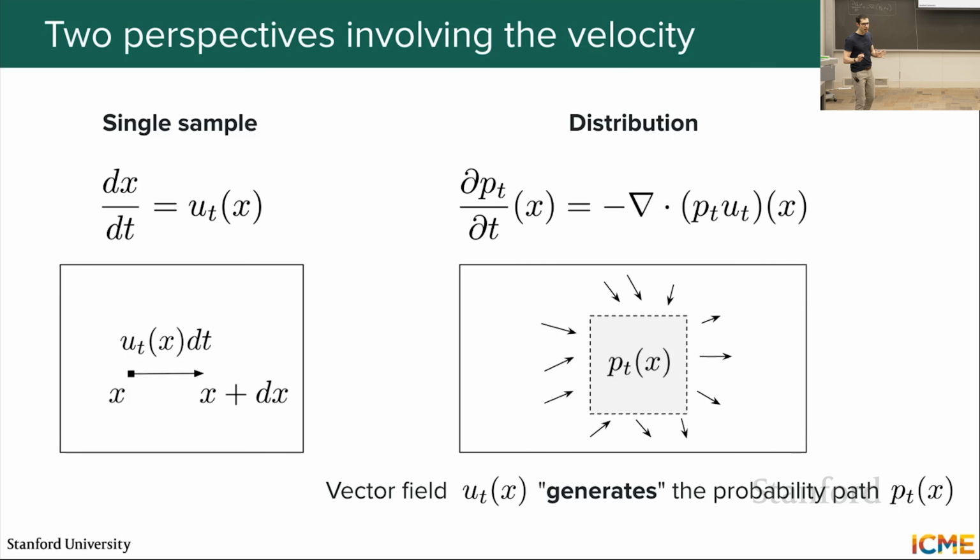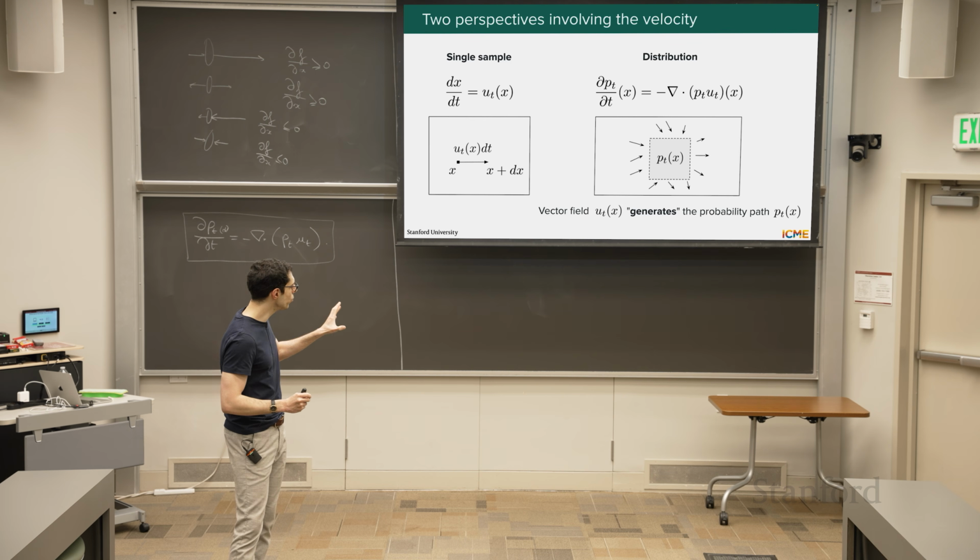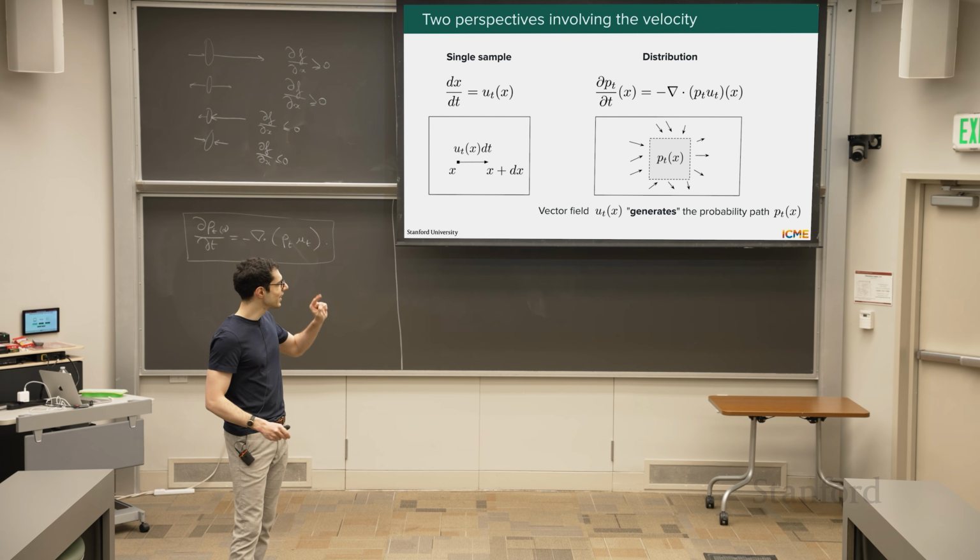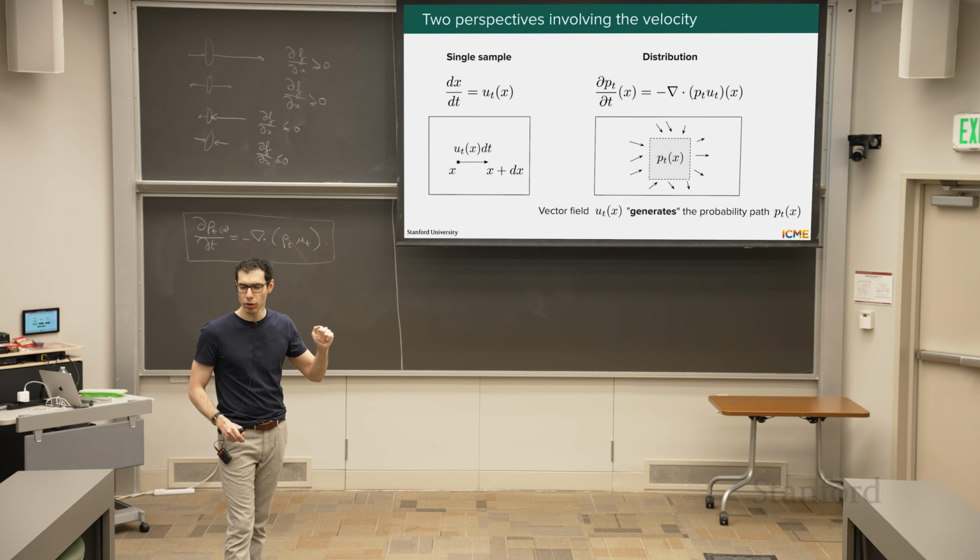And there is one expression that you will see a lot in papers. I'm going to read it out loud. The vector field u_t of x generates the probability path. So when people say that, what they mean is that u_t and p_t satisfy the continuity equation.